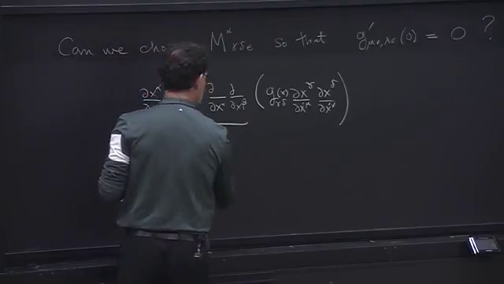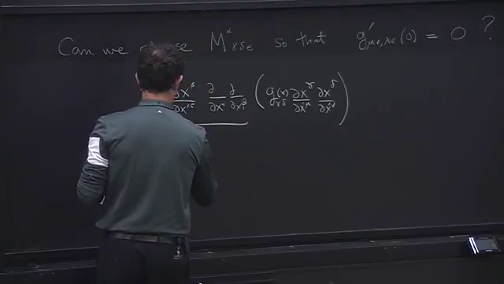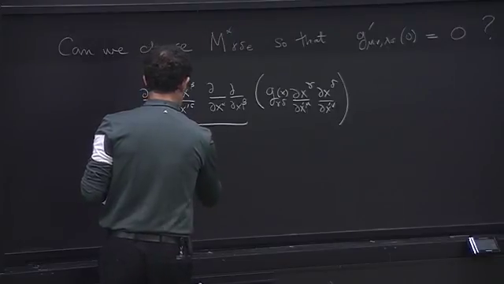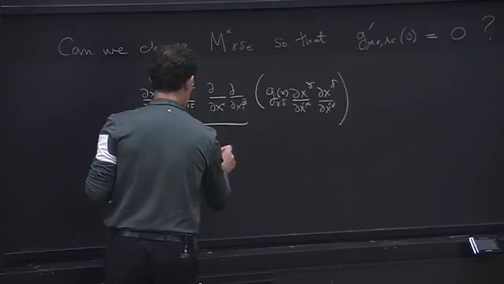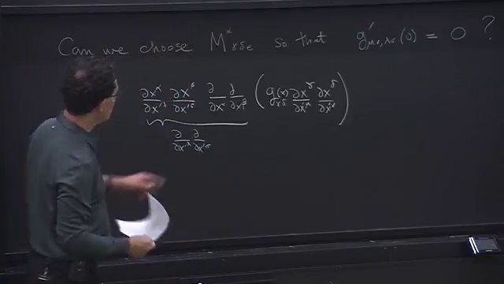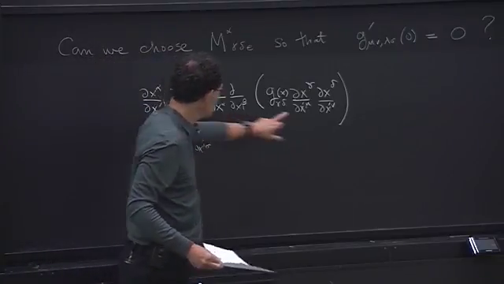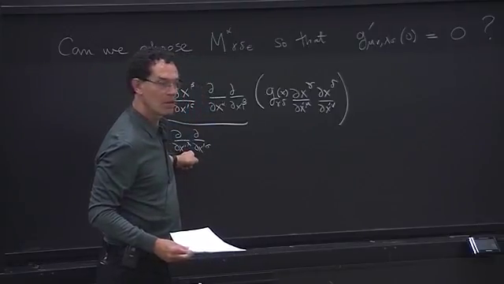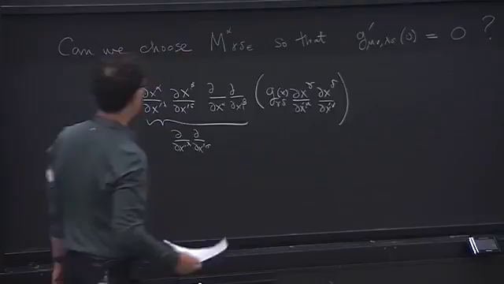But this is, of course, equal to d by dx prime lambda, d by dx prime sigma. And so when I work out the action of this operator on these quantities, I'll use it in this form. Okay, because x is a function of x prime.